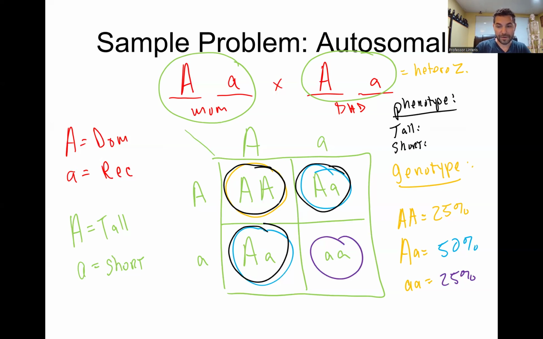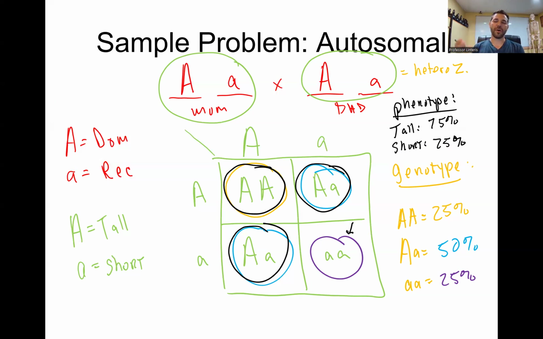Tall, tall, tall. So we have 75% chance tall and 25% chance that they are short. Big picture: genotype, the letters. Phenotype is the physical expression. Are they tall? Do they have the disease? Are they deaf? Whatever. What type of blood do they have, etc.